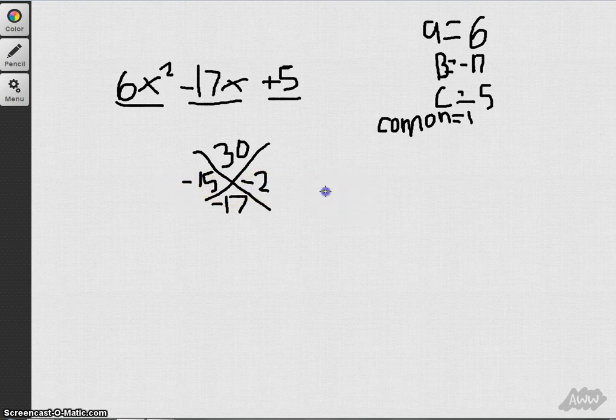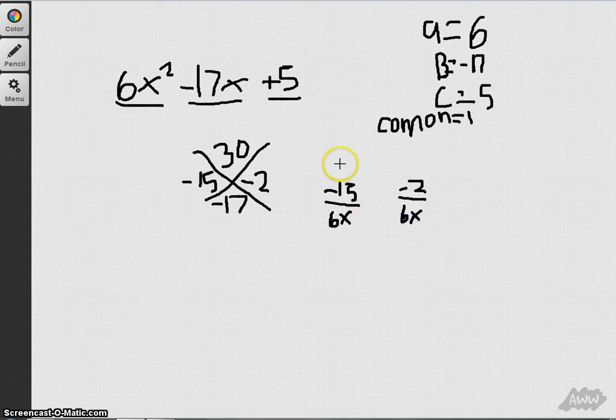So then now what you have to do is put negative 15, then negative 2, and then you put it over A. And A is 6, so then you have to put 6x on both sides.